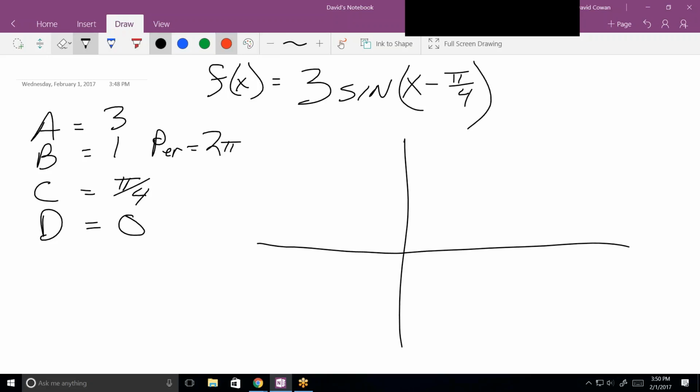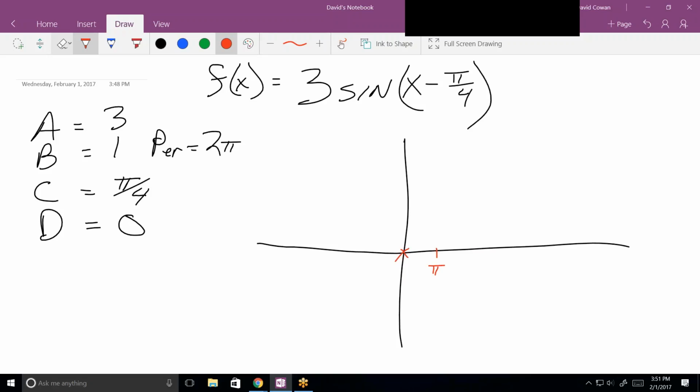Now, there's a couple of ways to do this. I always used to do it a different way, but I have since discovered that the best way to do it is to start with your phase shift. In fact, I'm not even going to draw the sine curve. Here's my beginning point. Normally the sine curve would start right there. Where's this one going to start? At pi over 4.